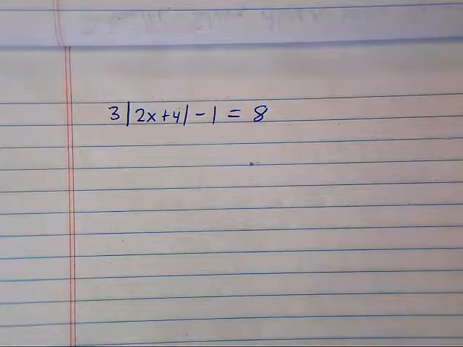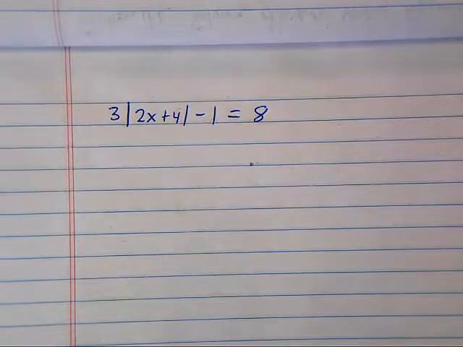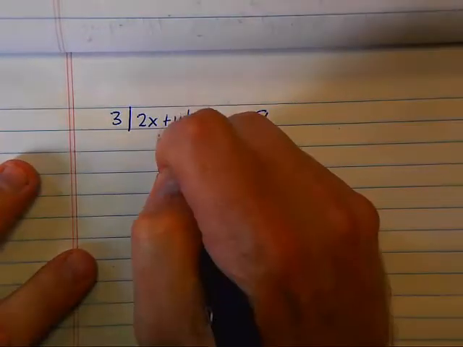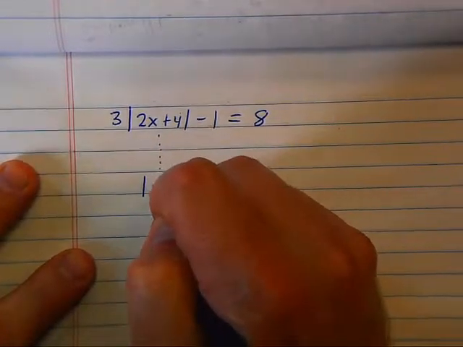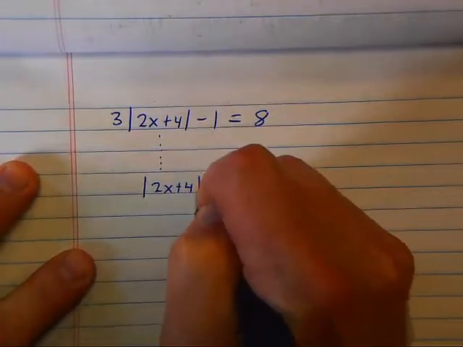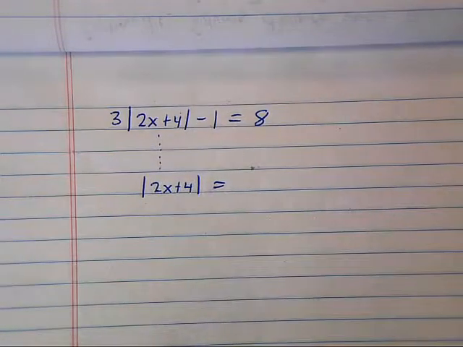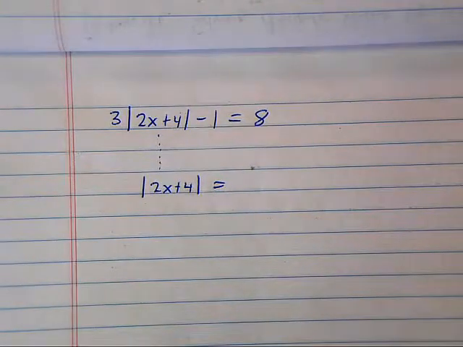What you really want to do is get rid of those absolute values. But before you can, you have to do a couple of steps and get the absolute value thing all by itself. So we're going to do a plus 1 and then we're going to divide by 3.